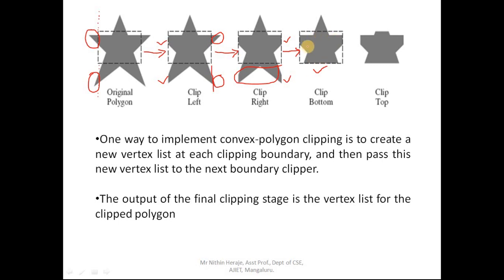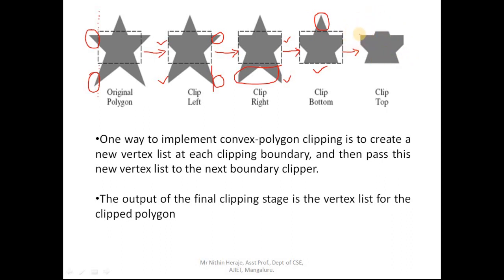Once this is done, you give this as the input for top clipping. If you look at this diagram, this is the portion where the top clip has to be done. So you remove this portion and you get this as the final polygon.